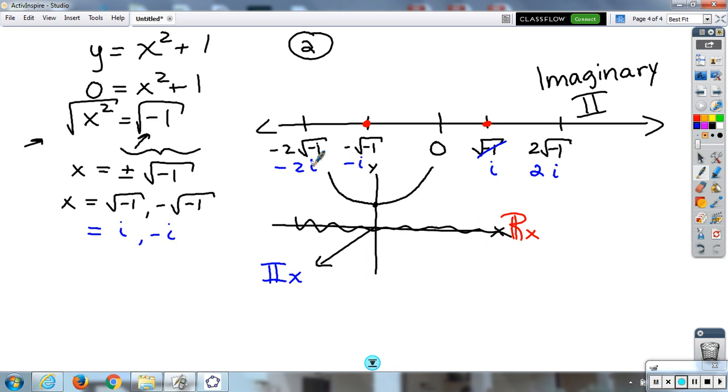So if we spin this axis around, what would we see? You now have the imaginary axis here along with the y. Well, here are our two solutions, -i and i.